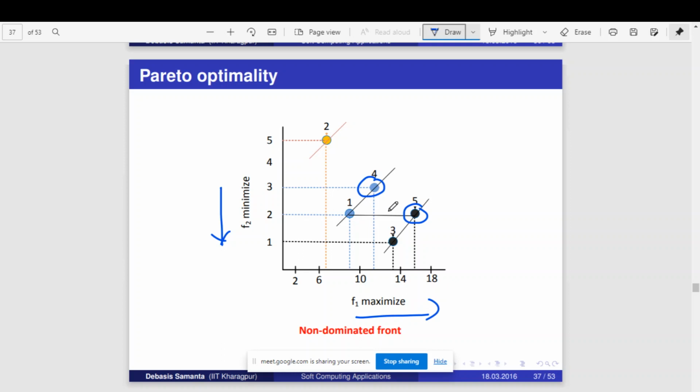In terms of y-axis, it is in the same line, right? Okay. What about 3 and 4? Is 3 better than 4? What about 3 and 1? Is 3 better than 1? What about 4 and 2? Is 4 better than 2? What about 2 and 3? Is 3 better than 2? Yes. 5 and 2? Is 5 better than 2?